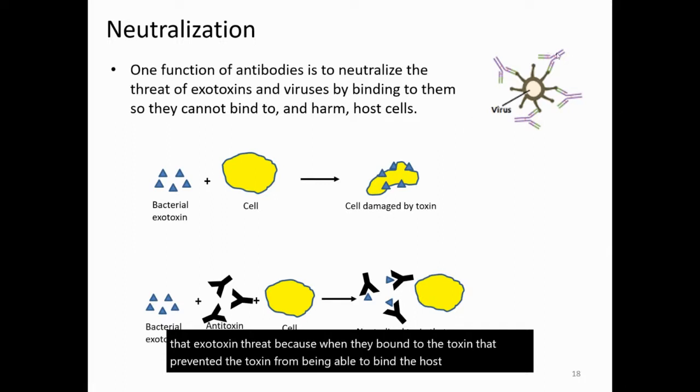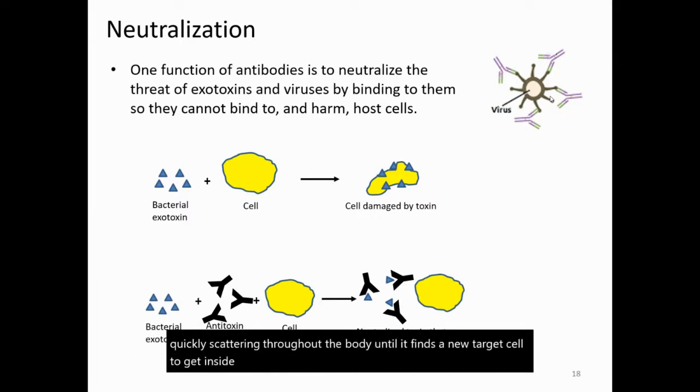Now, the same thing can happen with a virus. Now, remember, antibodies are normally targeting extracellular pathogens like bacteria, but there are brief moments when a virus is outside of a cell, right? Once it's released from the host, it can be quickly scattering throughout the body until it finds a new target cell to get inside of.